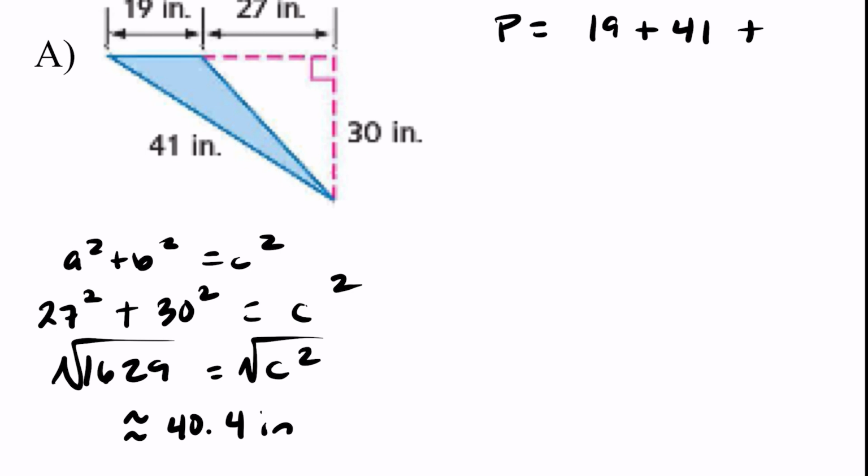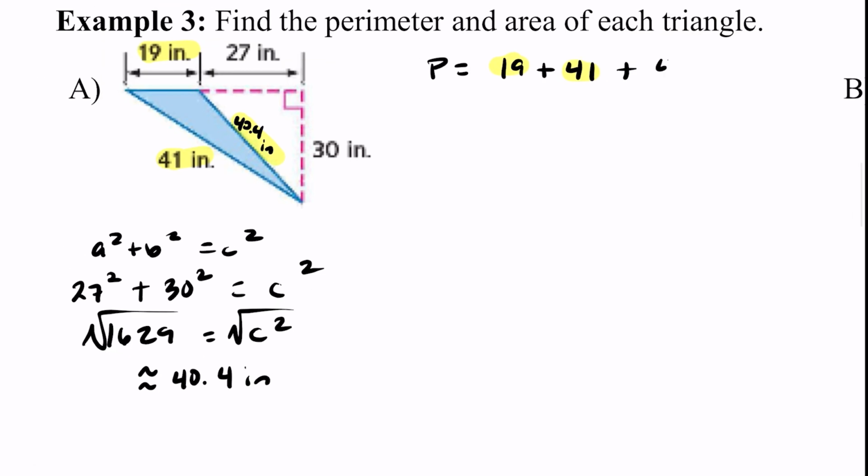So this side is 40.4 inches. So I have 19, I have 41, and I have that 40.4 inches. So I can go ahead and add them all up, and you should get approximately 100.4 what? Since we're dealing with perimeter, what's the unit?